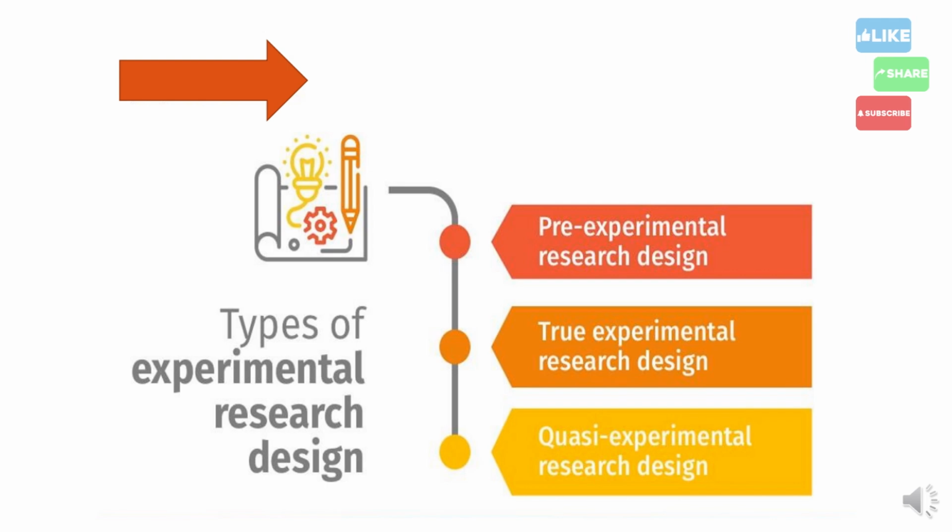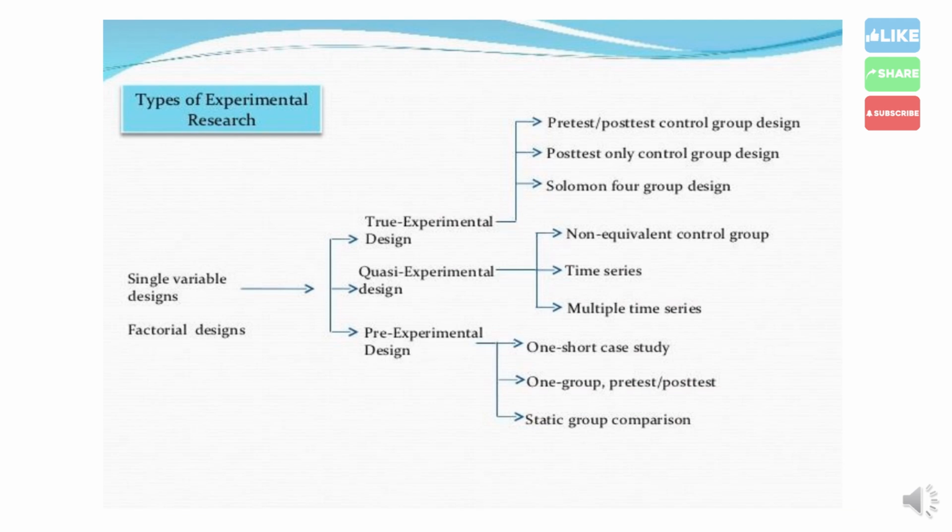Now we have some types of experimental research design. We have pre-experimental research design. After that, we have true experimental research design and quasi-experimental research design. So we will discuss all of them one by one. What are the types of experimental research? We have single variable design, factorial design. In this we have true experimental design, quasi-experimental design and pre-experimental design.